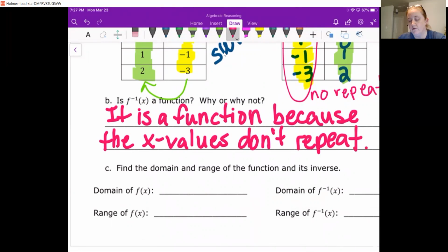Okay, if any of those x's repeated, then we would not have a function, because just when you break up with somebody, you don't want to repeat your x's.